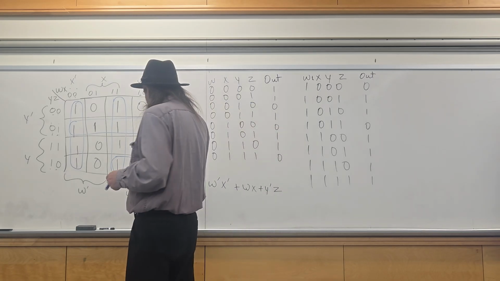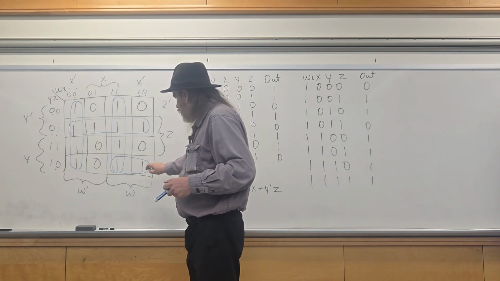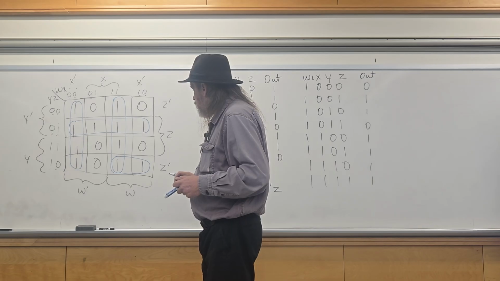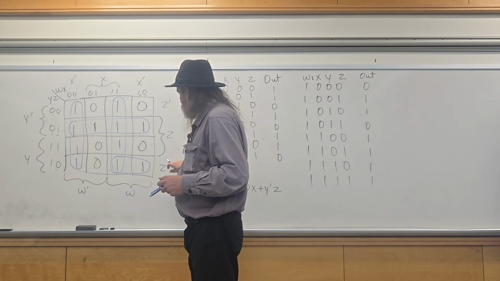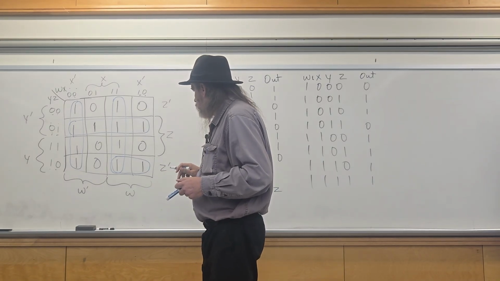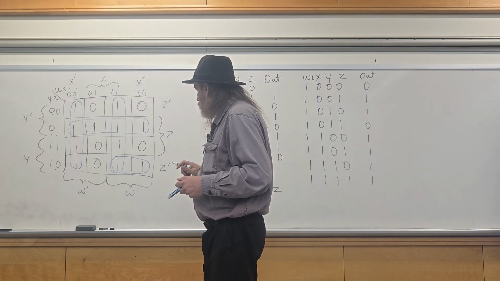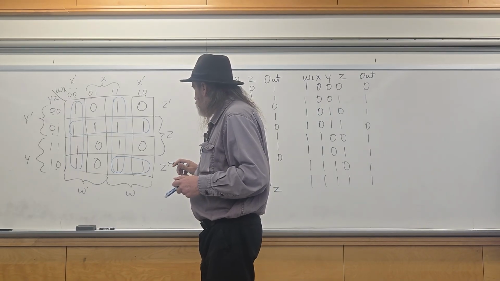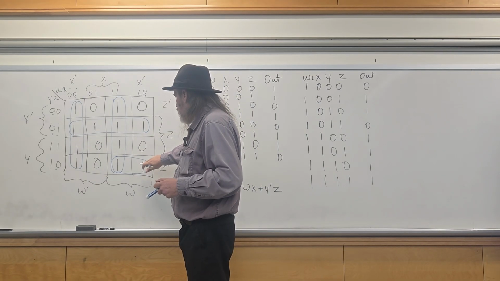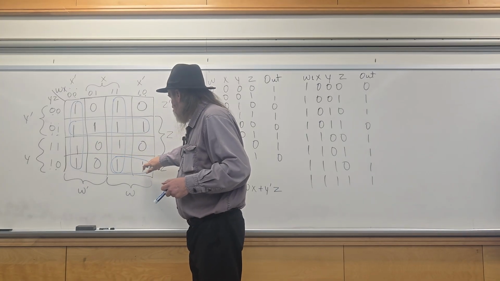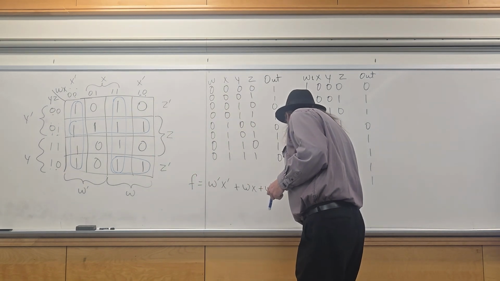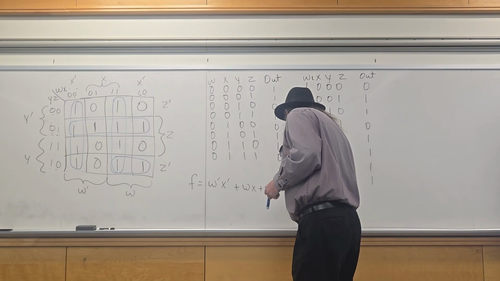And then this here, the group of 2. WZ prime, but it's not all of Z prime. It's the Z prime that's in the Y. So it's all in the Y, all in the Z prime, all in the W. So it would be W, Y, Z prime.